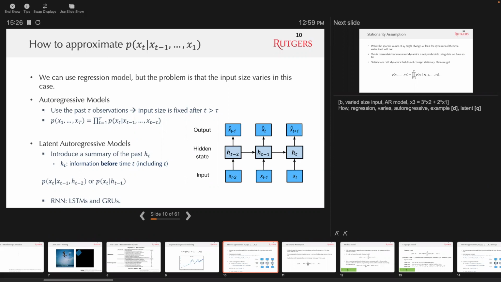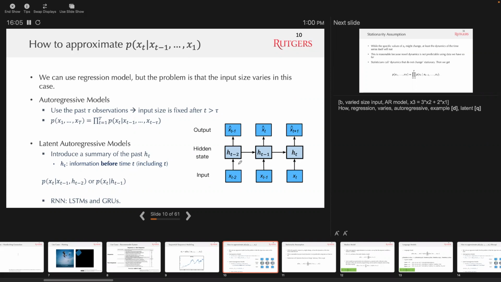The information before t minus 1 is summarized as ht minus 2. So this is why we have this equivalent equation: when you're learning p of xt given ht minus 1, it's equivalent to learning p of xt given st minus 1 and ht minus 2. So this is exactly what is shown in this figure.